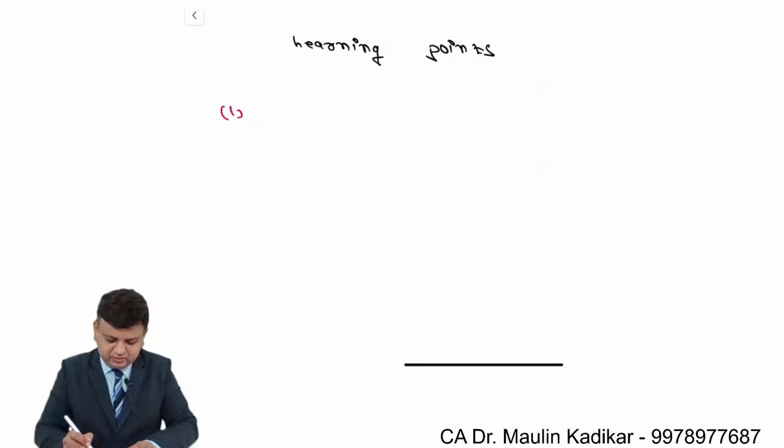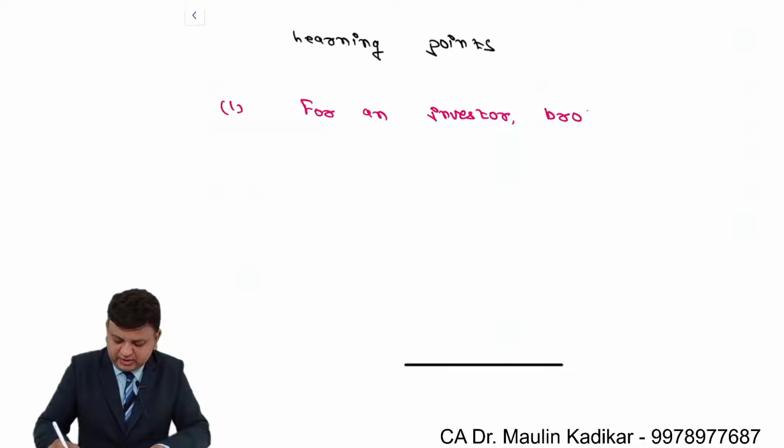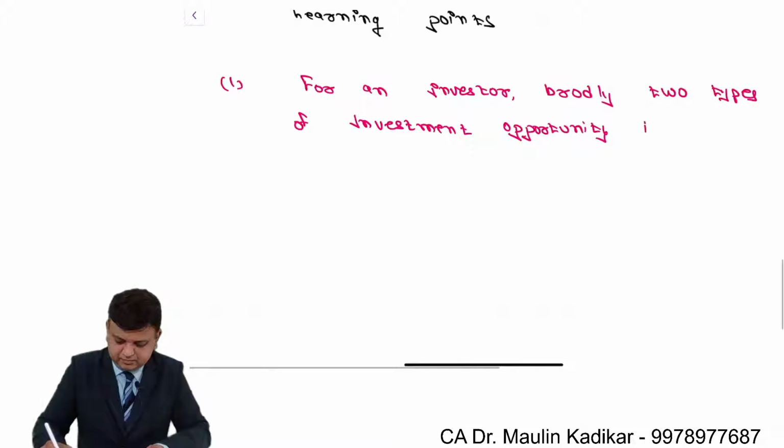In that first one, write down: for an investor, broadly two types of investment opportunity is available.